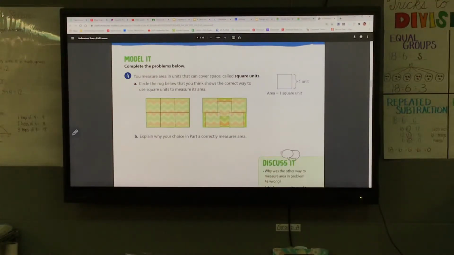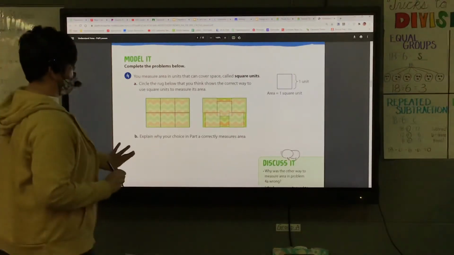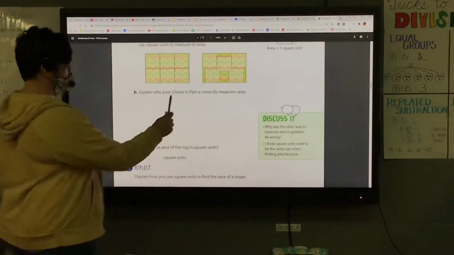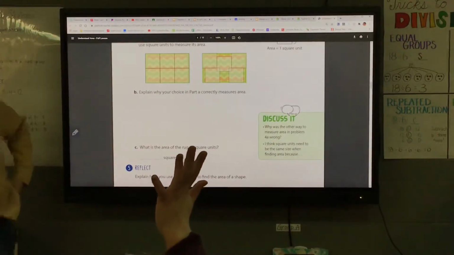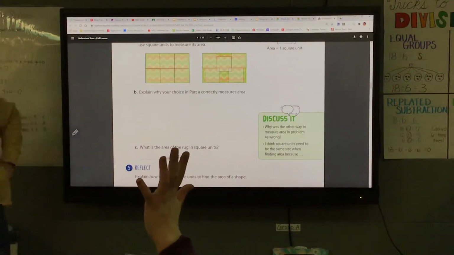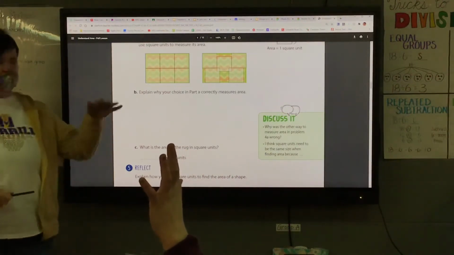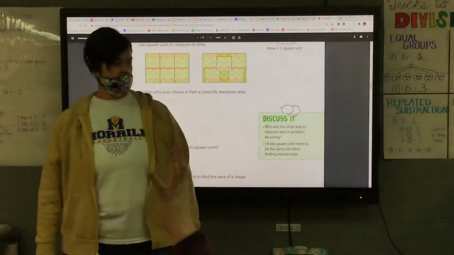Did you circle the first or the second rug, everybody? The first. I agree with you. You needed to circle the first one. What's wrong with this one? Or is it fine? No? Raylan, what's wrong with it?